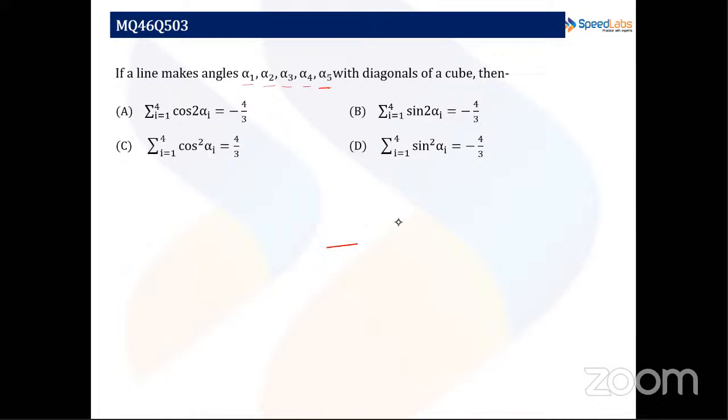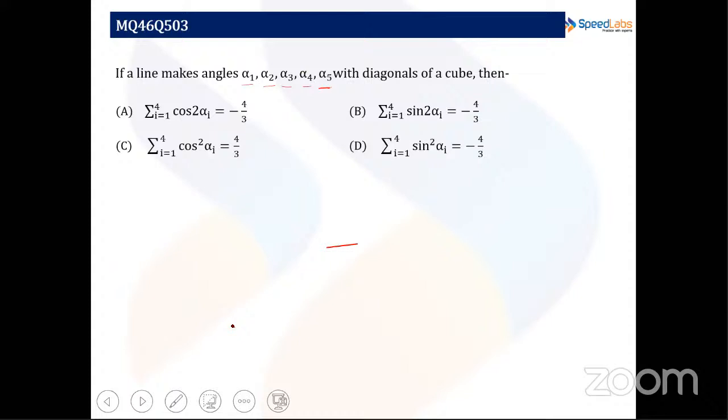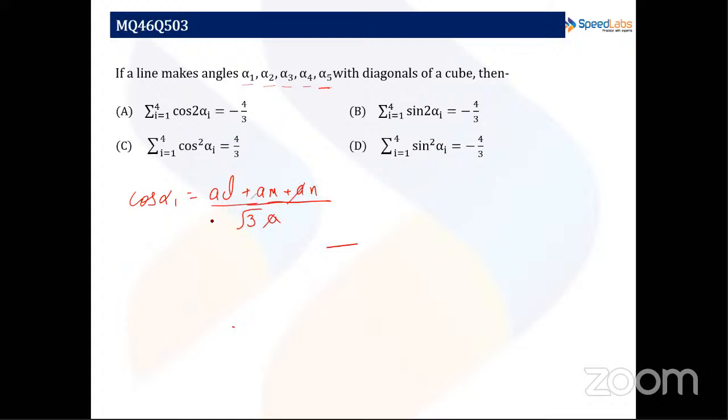Moving to our question, what all options we have to look for here. First, we were having the values of cos alpha 1. The value of cos alpha 1 was AL plus AM plus AN upon root 3A. So this A will be cancelled out.